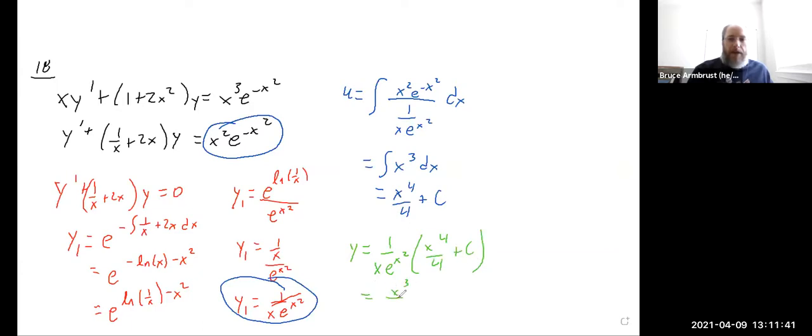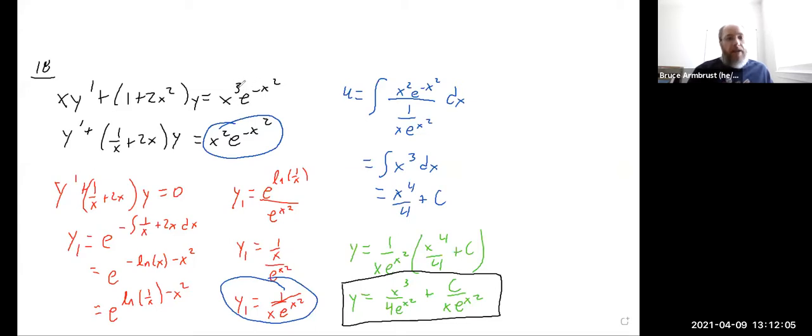So x cubed over 4e to the x squared plus c over x e to the x squared. And there you go. That is the function that satisfies this original differential equation.